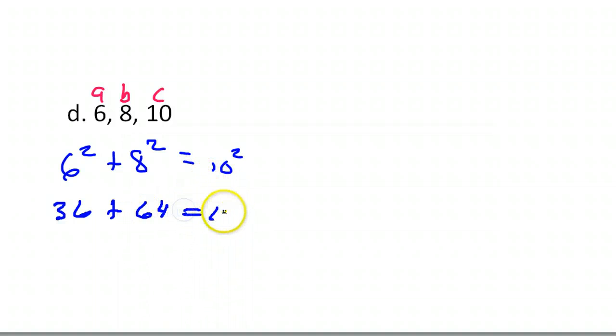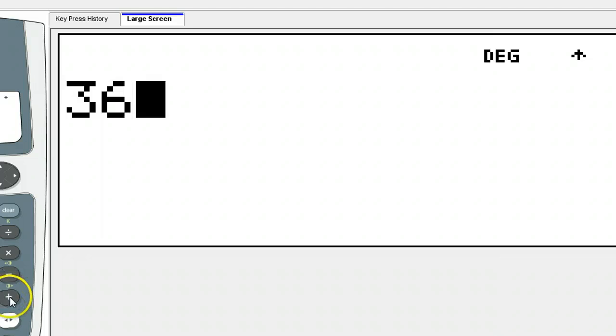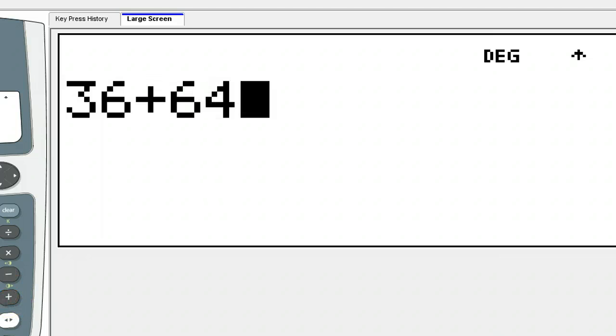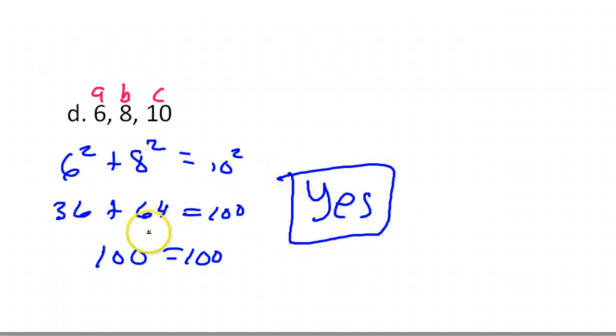And 10 squared is, of course, 100. I can already see what's happening, because 36 plus 64 is 100. Okay, so that means once again we have a yes on our hands. Because a squared plus b squared does equal c squared, so it must be a right triangle.